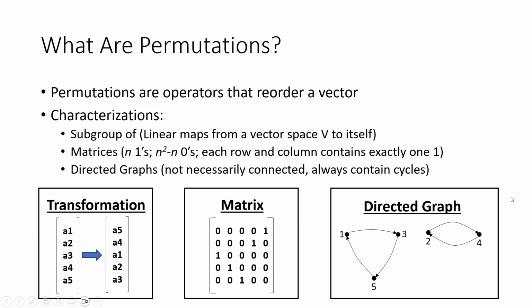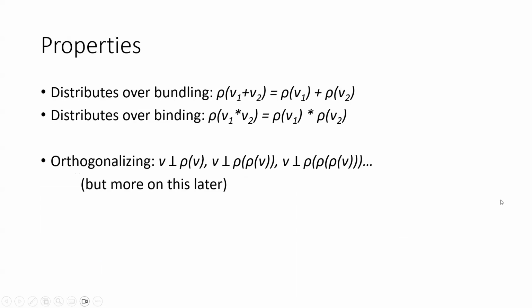Cycle notation is helpful for understanding things like the order of a permutation, how many times you have to repeat the permutation before you've returned to the identity element of the group of permutations. So properties of permutations. Again, I haven't noted this, but the permutations form a group under a multiplication operation, which is function composition.